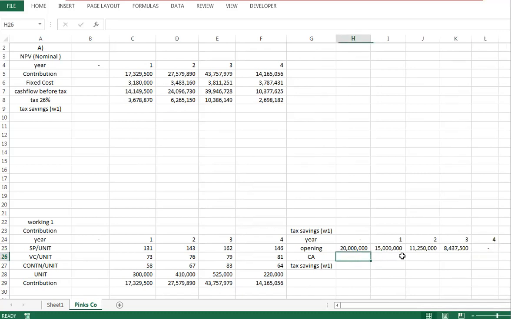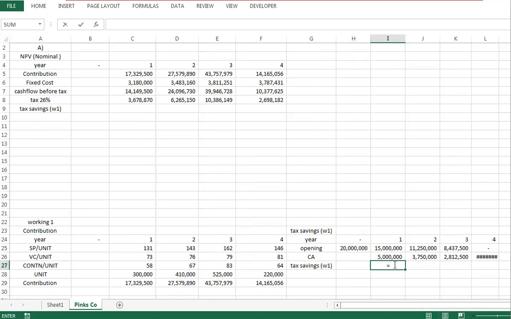Now, the second row, we will calculate the capital allowances, which will be this minus this. You see, if 15 million is 75%, so the remaining figure will be the 25% capital allowance. And then you apply it on all the cells. The third column will be the tax saving, because tax is saved in the same year.